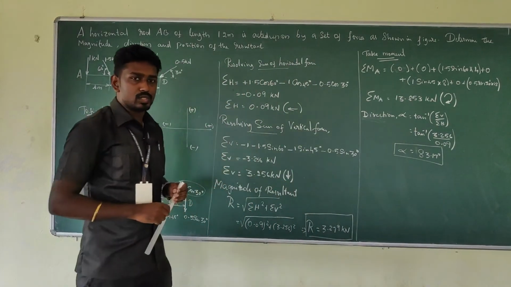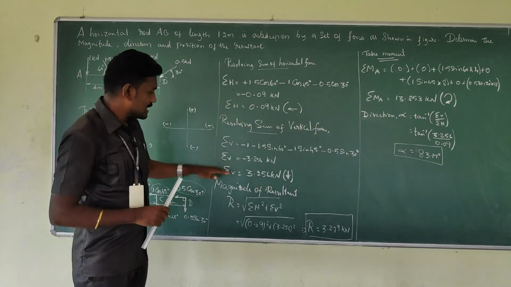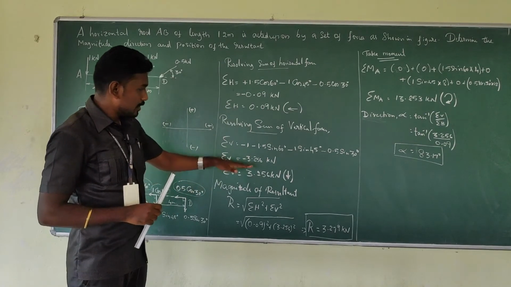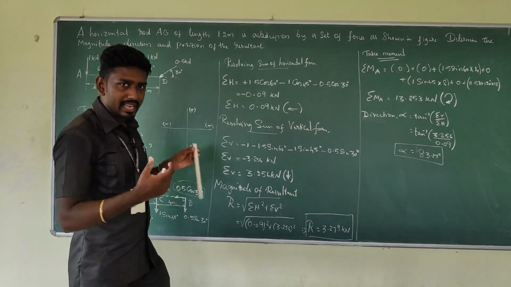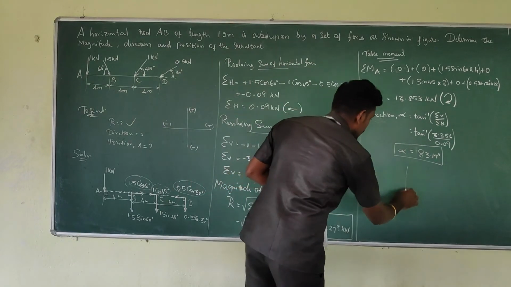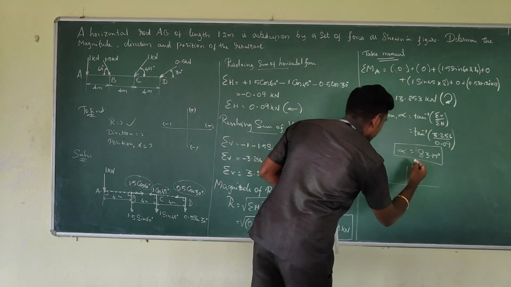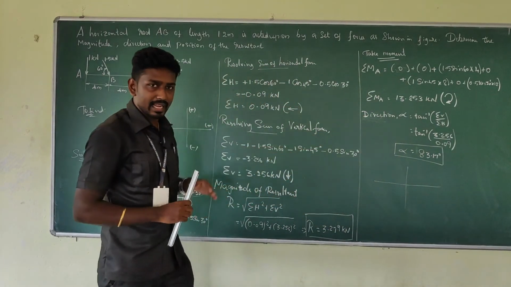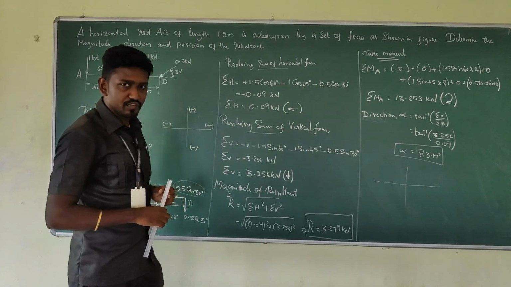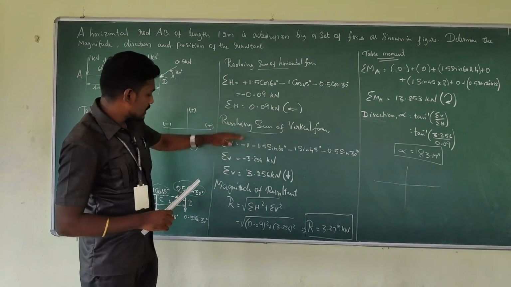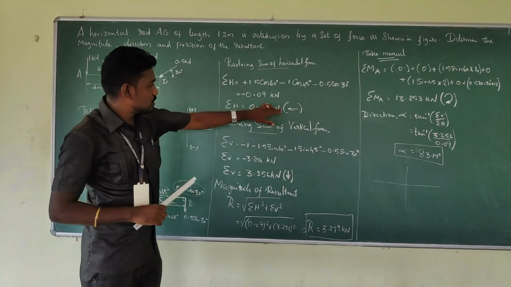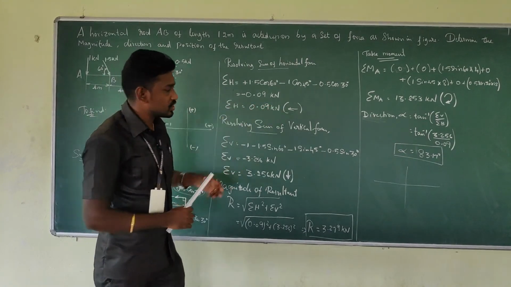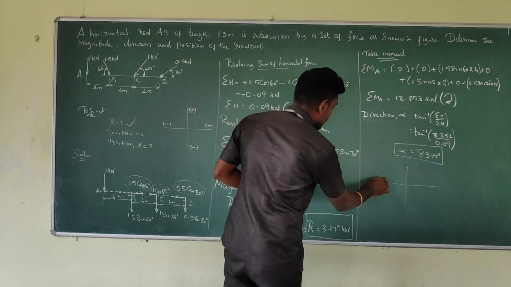Now if you plot it, since you have summation of H and summation of V, you can plot the resultant force in a general manner in order to specify it with respect to this angle. Summation of H, the horizontal force, is in the negative direction, so it is going to be here.